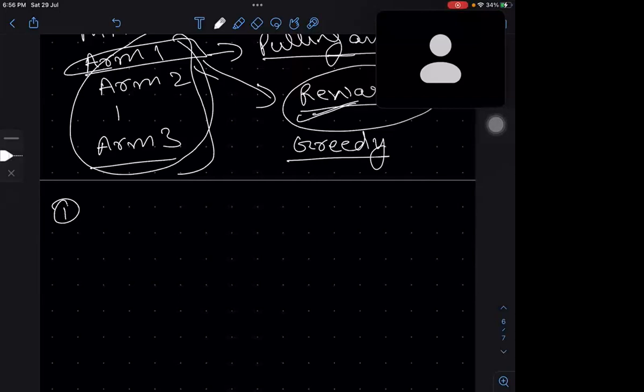Ma'am, I'm not saying equal reward. I'm saying the probability distribution, the randomness of rewards of each machine, is identical. Whatever distribution we have for one machine, the mean and standard deviation are exactly identical for all the arms.